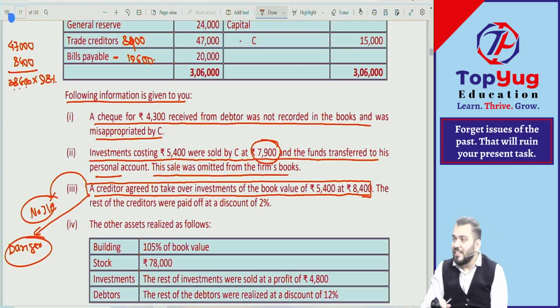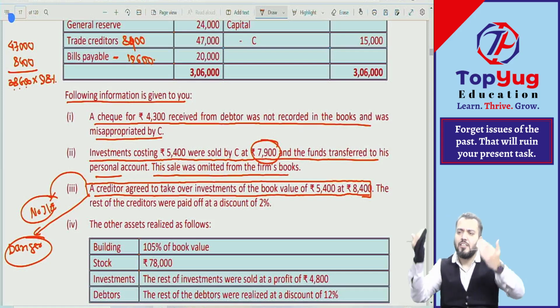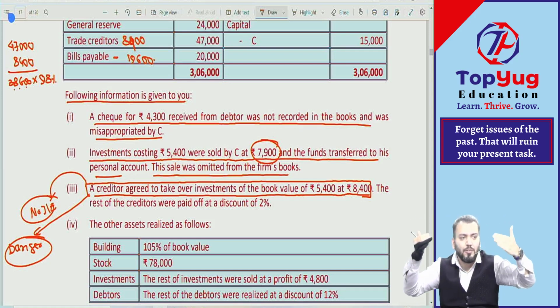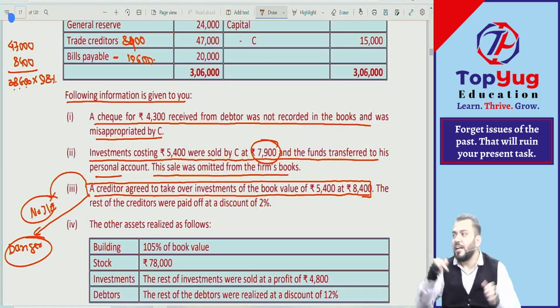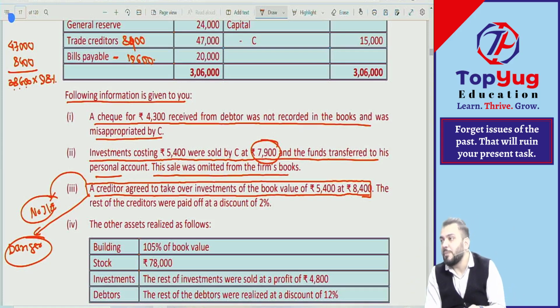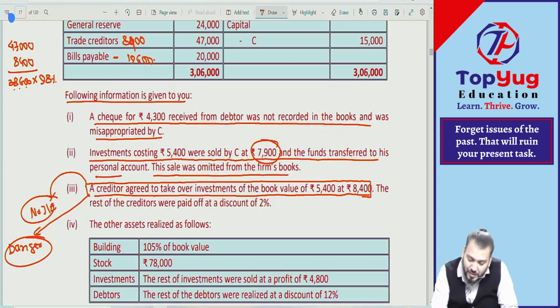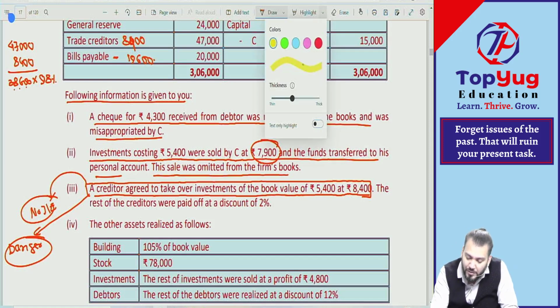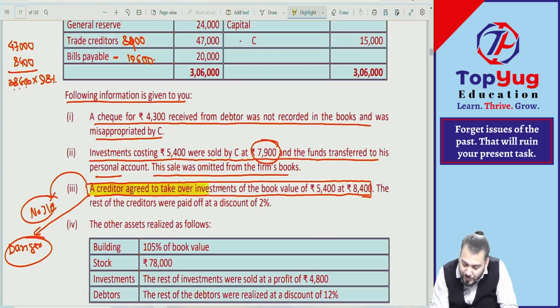So the asset is taken by the creditor, and those two accounts have been closed by transfer to realization account. So the gain or loss will come from that only. There is no need to pass any separate journal entry for this. Already we have discussed in previous classes, but I have seen students make mistakes here also. Just highlight this point and be careful in exam about this point.